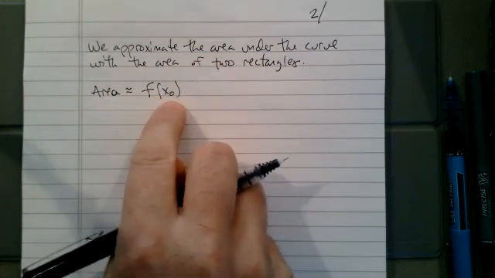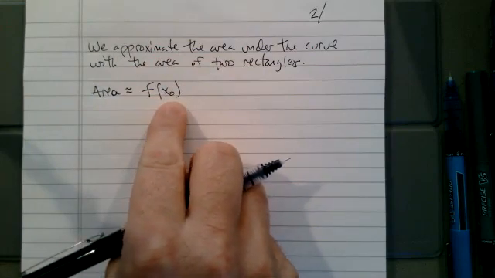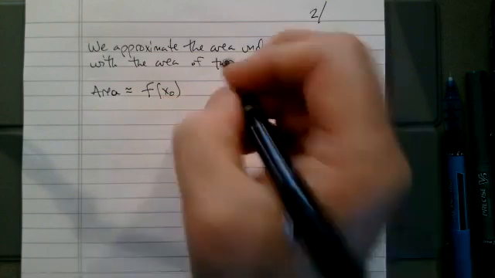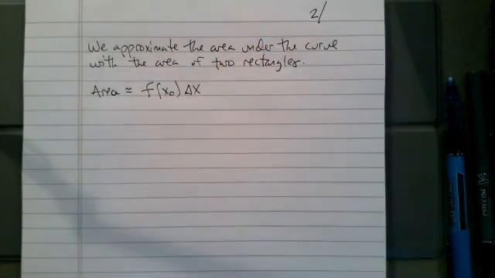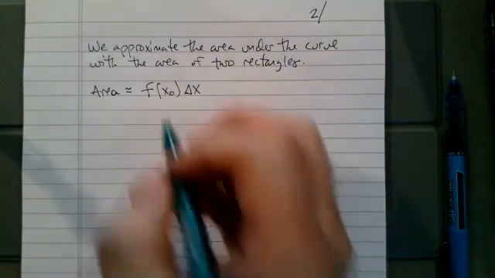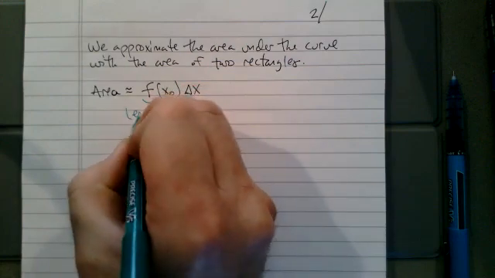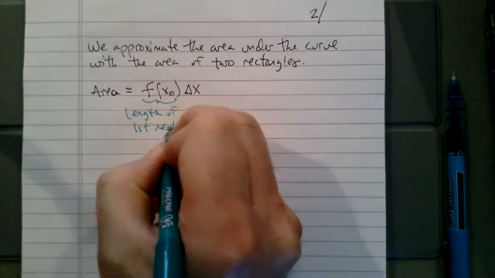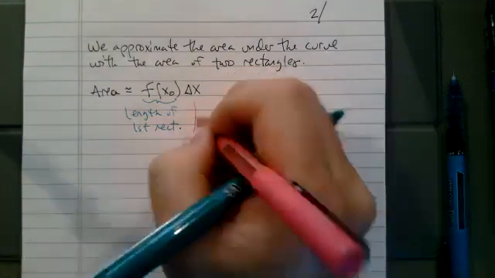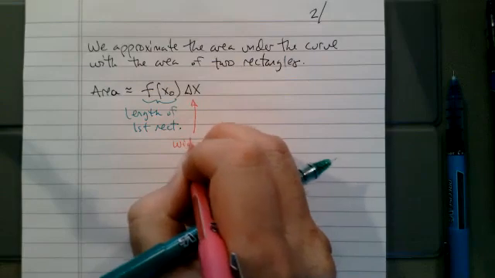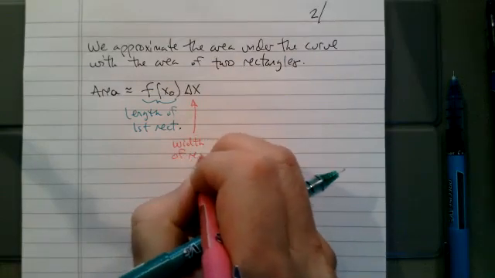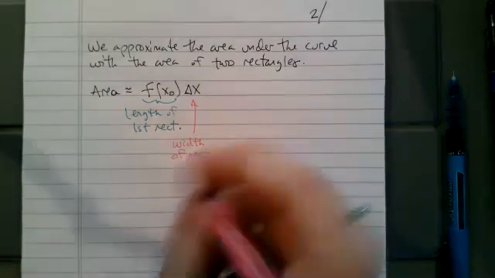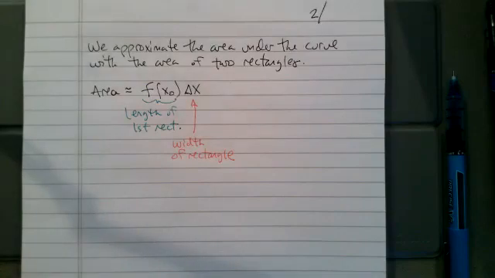That's the constant value that we use for the first rectangle. So that's the length of the first rectangle, and the delta x, that small piece of the interval, is the width of the first rectangle.